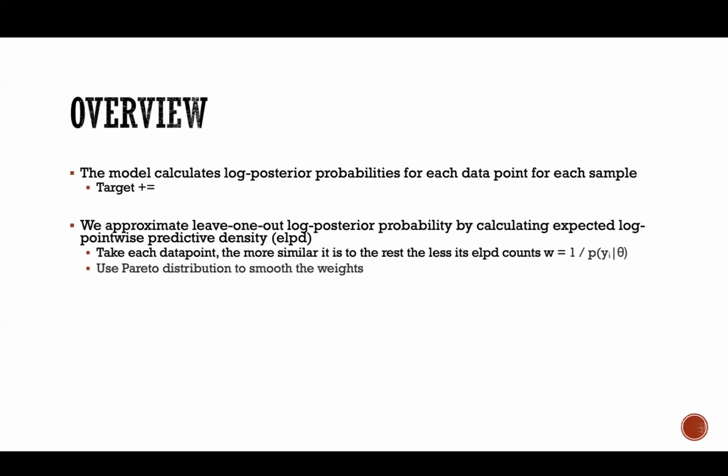Yes. And so what we do is we say the probability of the data point given the rest will inversely weight how much the log posterior probability should count. If it's a very probable value, it shouldn't count for much. If it's a very improbable value, it should count for more.